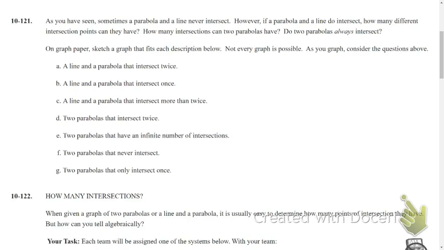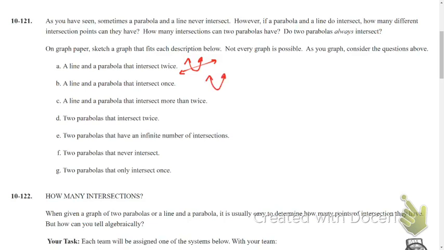Alright, so we're just going to go along here and give you a quick sketch. For problem A, a line and a parabola that intersect twice. Well, that's pretty straightforward. I have a parabola and I have a line, intersects twice. For B, it says a line and a parabola that intersect only once.